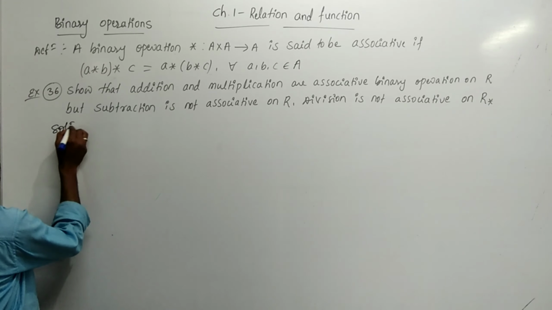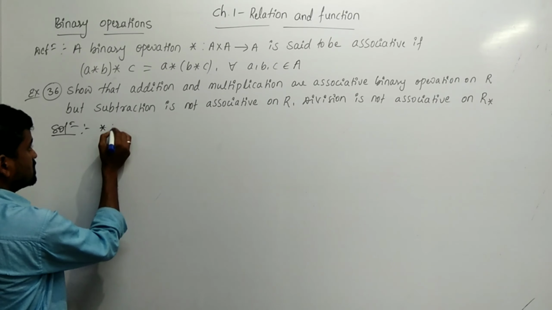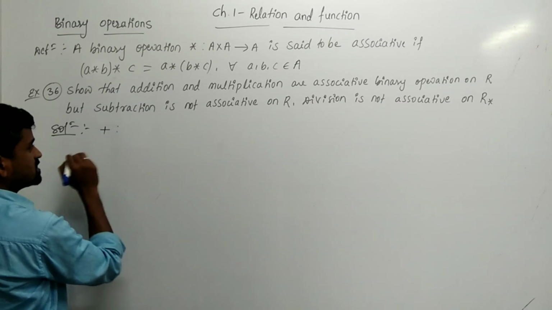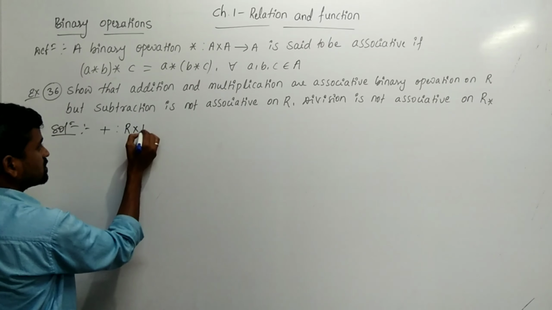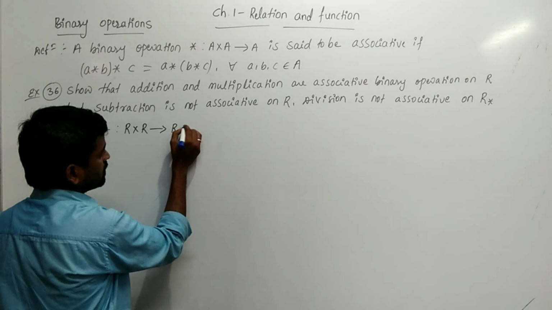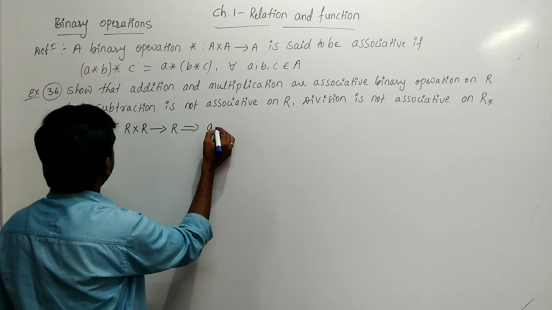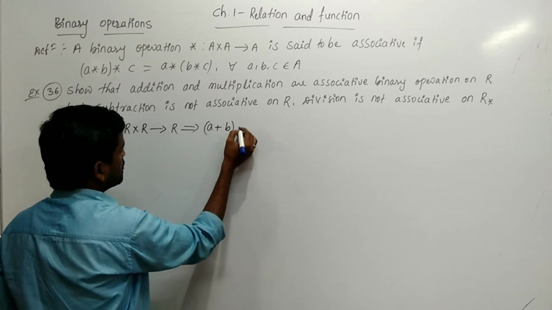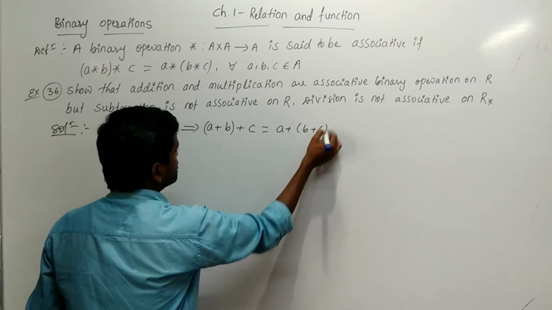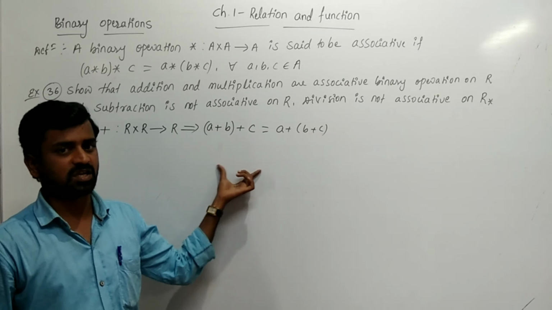See, solution. Addition, plus such that on real number to real number implies A star B star C, A plus B plus C equal to A plus B plus C. Take any real numbers, you get LHS equal to RHS.